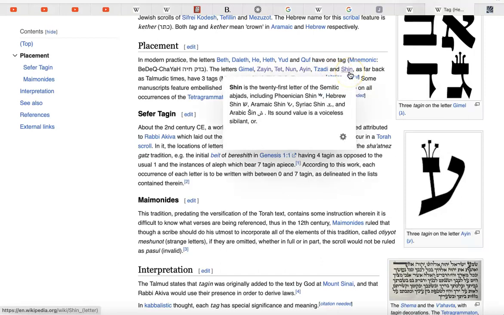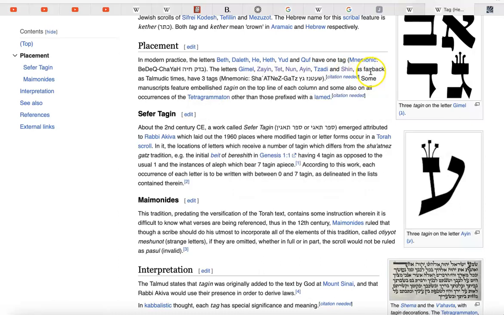And finally, the letter and word shin, which means a couple of different things. It could mean tooth. It could mean bow, as in a bow and arrow. More references to hunting. But it also could mean sun. Okay.